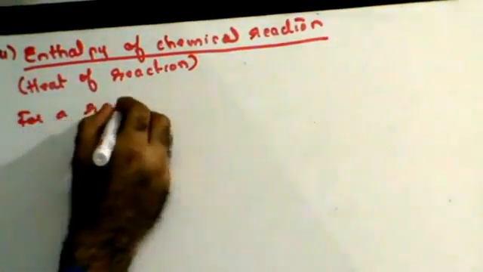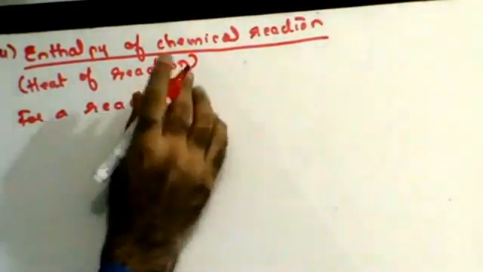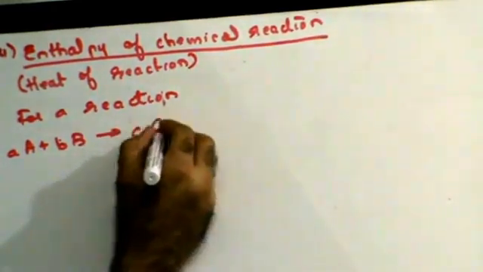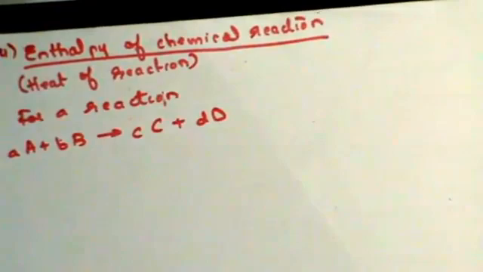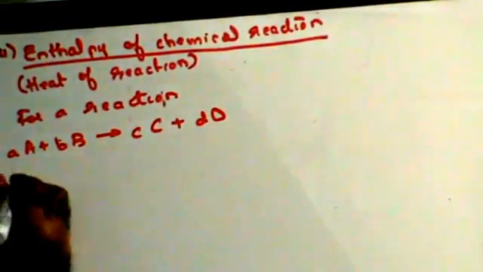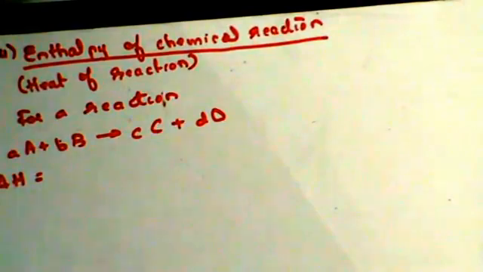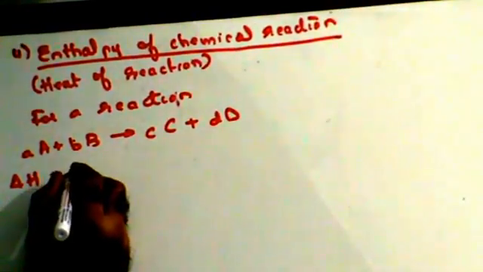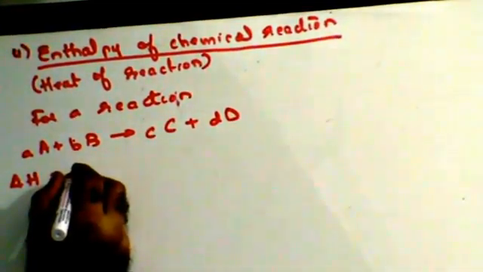For example, if I consider a reaction, say, let's consider that I have aA plus bB gets converted into cC plus dD, right? Then in that case, what do I understand by enthalpy of a chemical reaction? Enthalpy of a chemical reaction is the amount of enthalpy change that takes place of the product minus the amount of enthalpy change that takes place of the reactant.